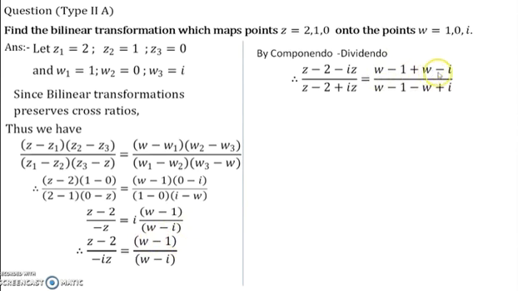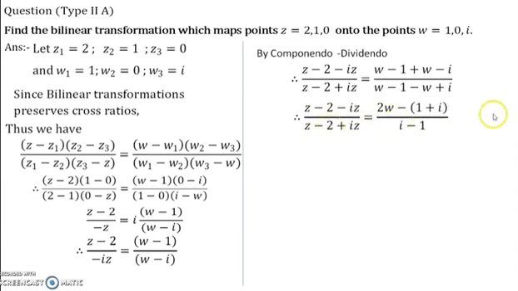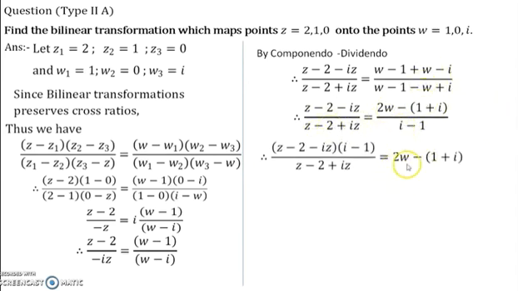On the left hand side, we get the numerator Z minus 2 plus the denominator minus Zi. Likewise, look at the denominator: numerator minus the denominator, we will get the positive. On the right hand side also, we are using the same kind of steps. After simplifying, on the right hand side we will get 2W by (minus of 1 plus i) by (i minus 1).